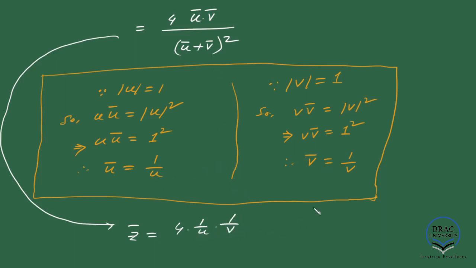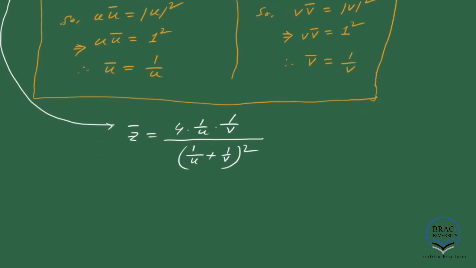So I can use these from this box, and we're going to write divided by 1 over u plus 1 over v, whole squared. Great. So now let's go ahead and work it out a little bit.